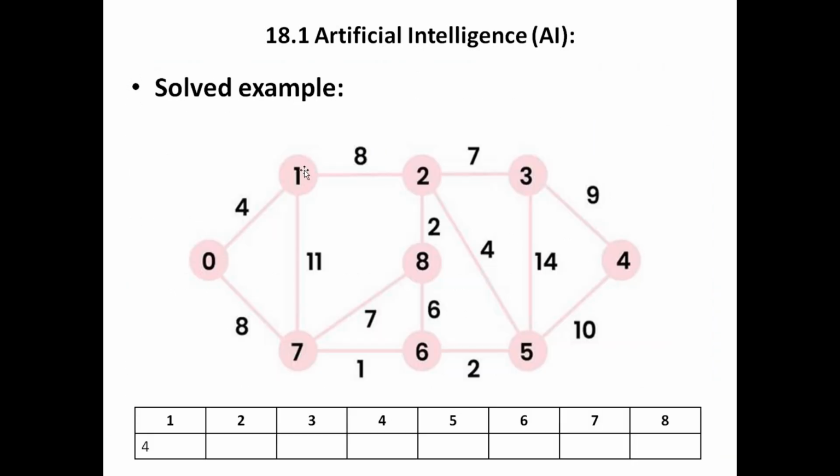That will be, first you'll go to 1 and then from 1 you'll go to 2. There is no other way. There can be another way, like you can go from 0 to 7, then 1 and then 2, but that will be 8 plus 11 plus 8, that will be too much. Now you can also go from 0 to 7, then from 7 to 8 and then 2, but also that will be too much. This is the minimum that you'll be needing, that will be 12.